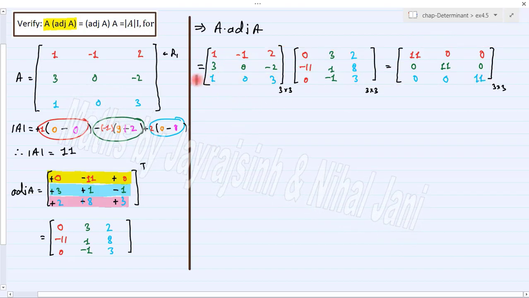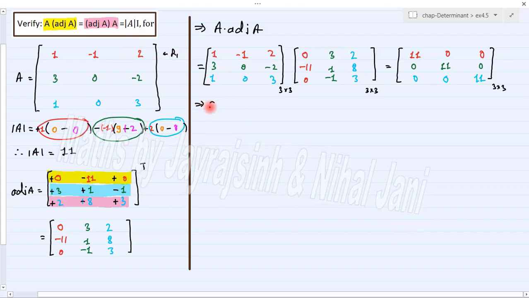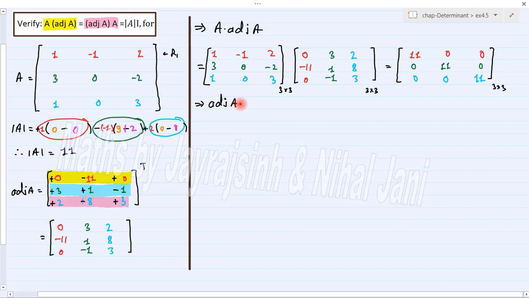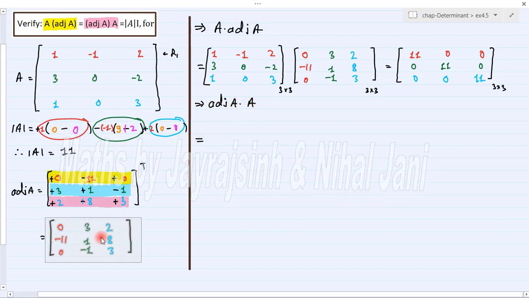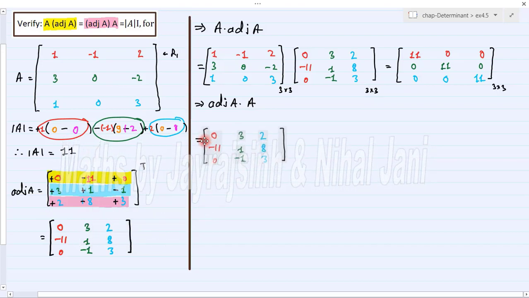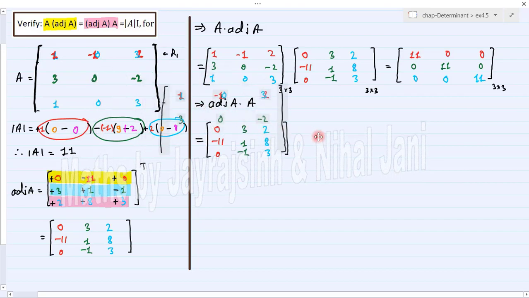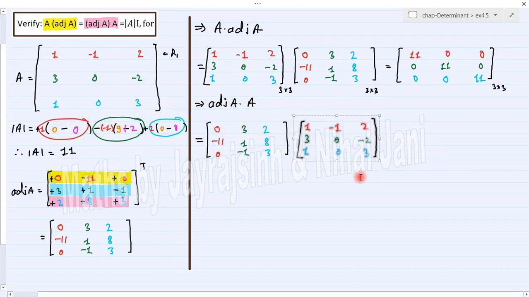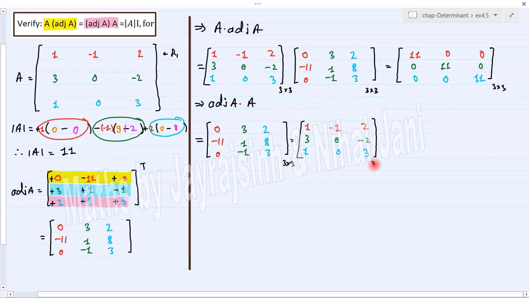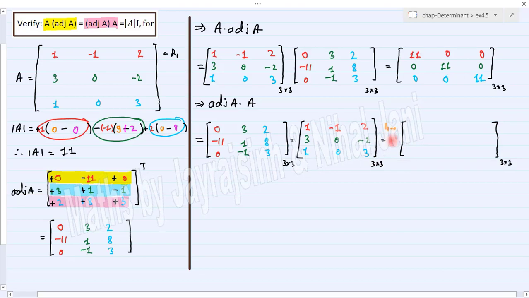Now let's try to obtain your second term, which is adjoint of A into matrix A. So this time your first matrix will be adjoint of A and your second matrix will be matrix A. Both matrices are of order 3 cross 3, so your resultant matrix will also have order 3 cross 3.